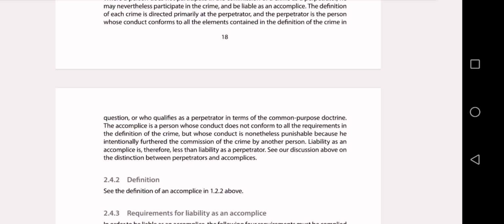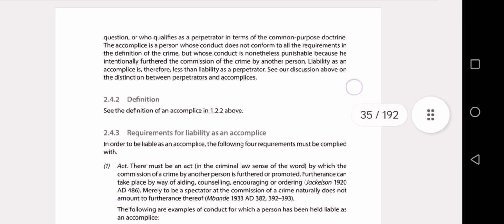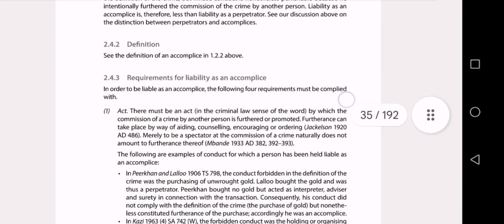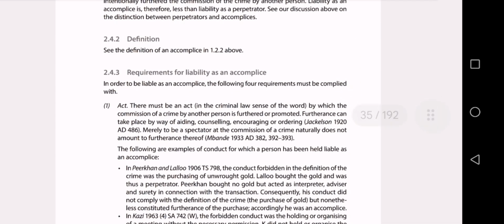Liability as an accomplice is therefore less than liability as a perpetrator. See our discussion above on the distinction between the perpetrator and accomplices. Definition: see definition of accomplice in 1.2.2 above.